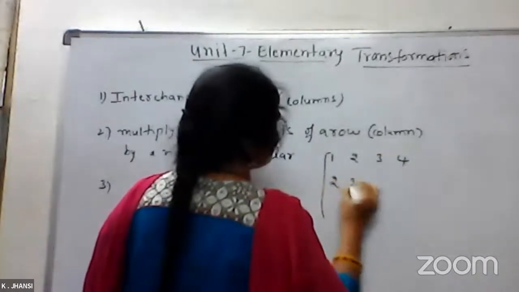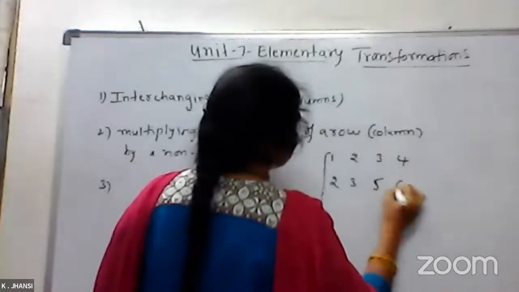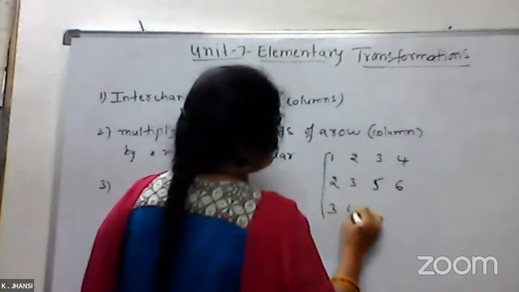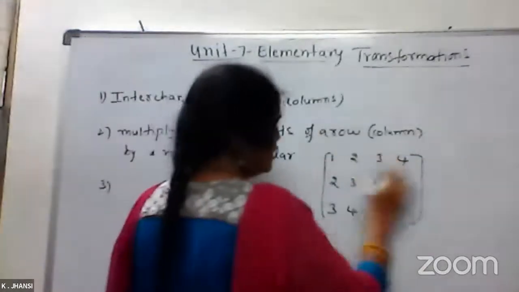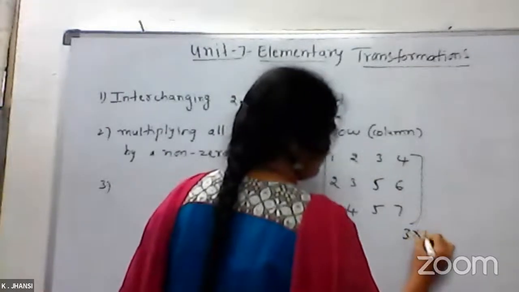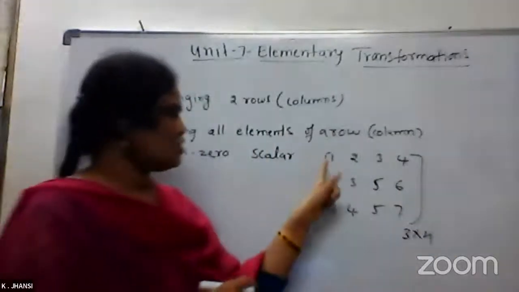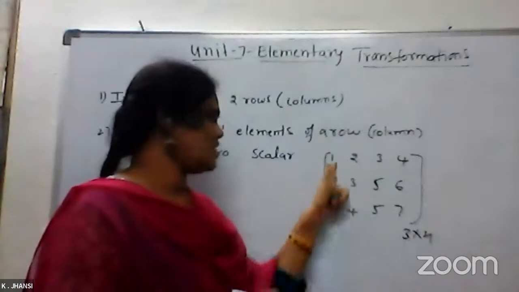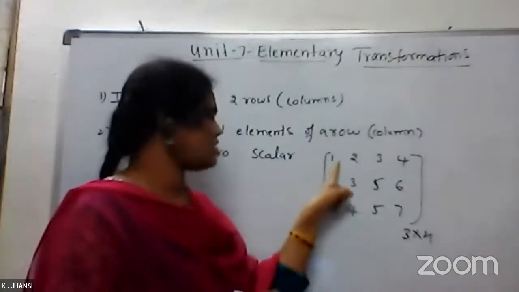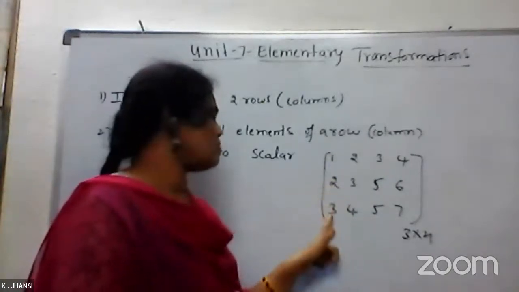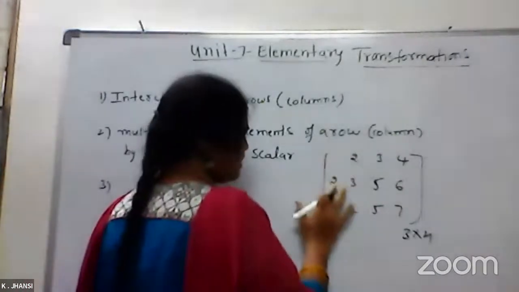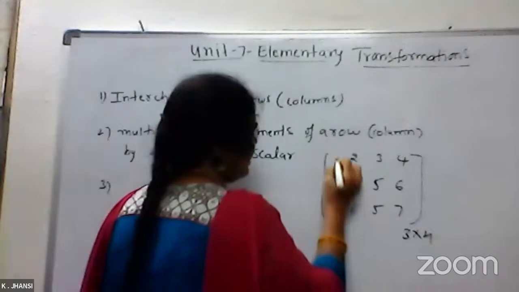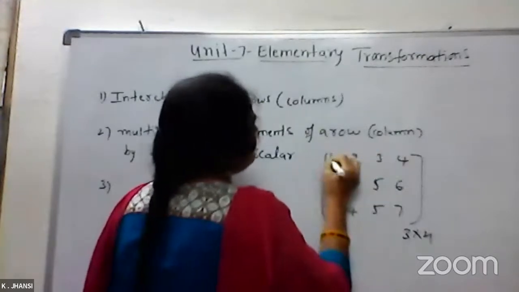See, like this, there are 3 rows and 4 columns. So the first one is you can interchange any one, either this row as this row, or this row as this row. In some cases here 1 is not there, here 1 is there, and here 8 is there.